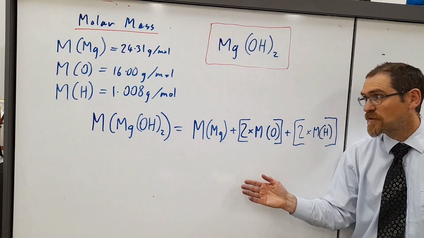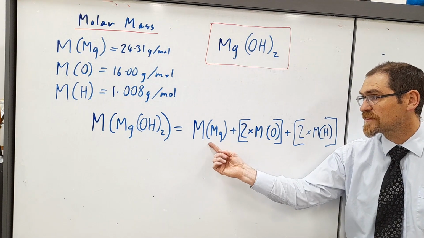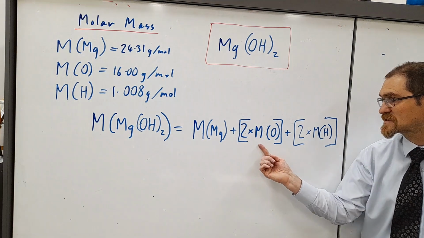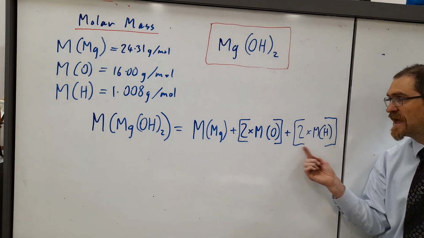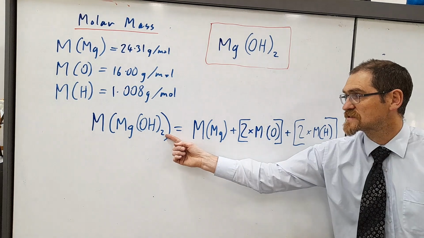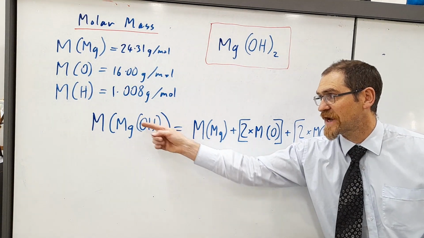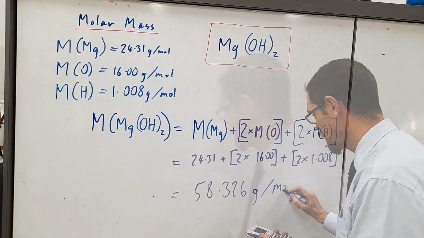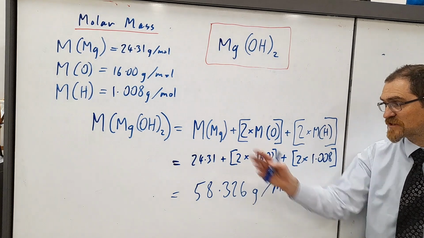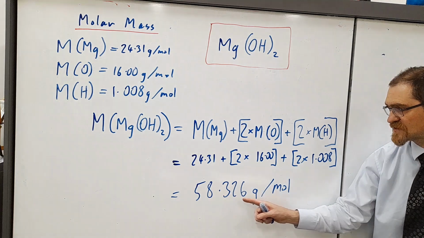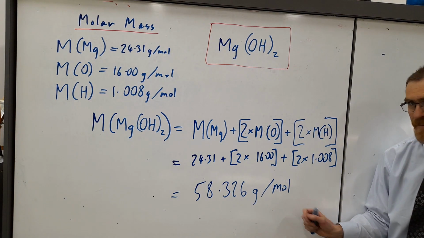So we've got the molar mass of magnesium plus 2 times the molar mass of oxygen plus 2 times the molar mass of hydrogen. How do we know that we've got these 2's here? We've got 2 as a subscript outside the brackets in the molecule. And so we see the molar mass of magnesium hydroxide ends up being 58.326 grams per mole.